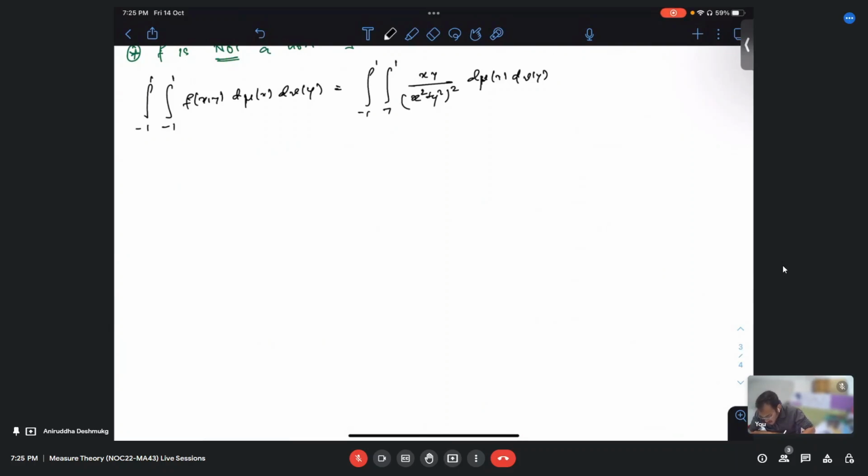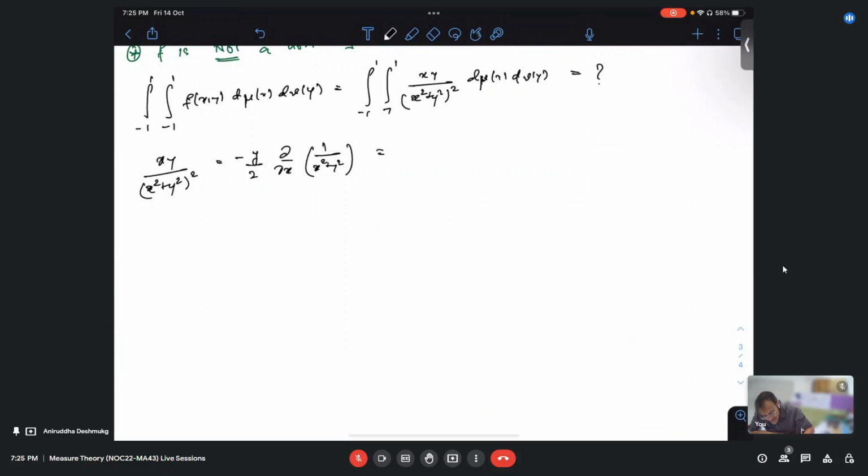So what I am going to do is, I want to evaluate this. Let us try to write this inner function as some derivative so that we can use the fundamental theorem of calculus. So xy over (x square plus y square) whole square, I can write it as minus y by 2 times the derivative of 1 over x square plus y square with respect to x.